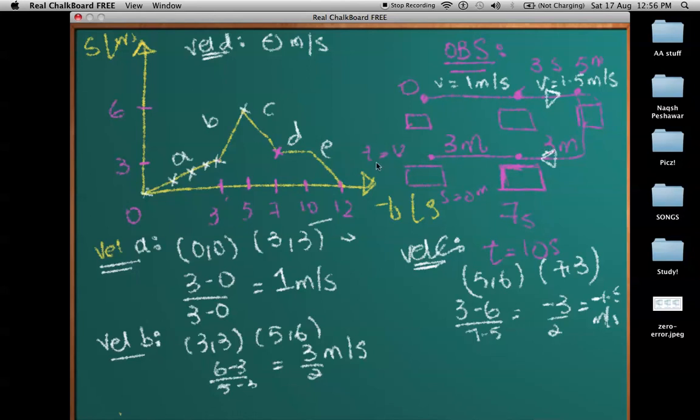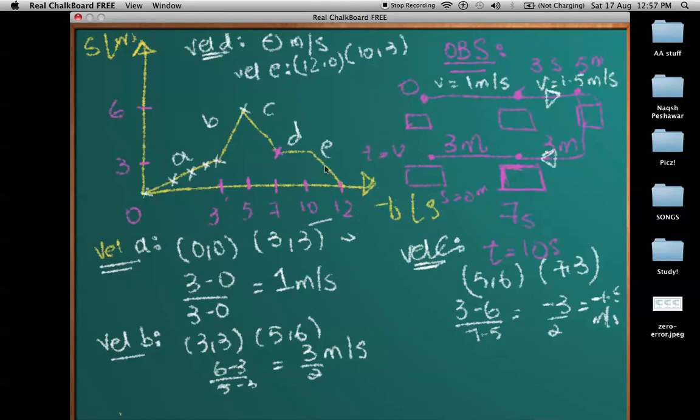And now to find the velocity at point E, we can just take 2 points. One would be 12 and 0, the other would be 10 and 3. I hope you can see this. Now I'm just finding the gradient.